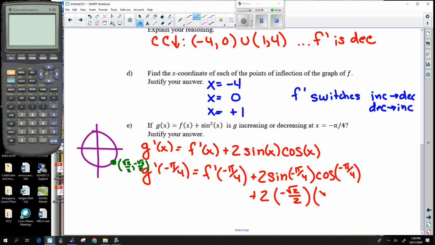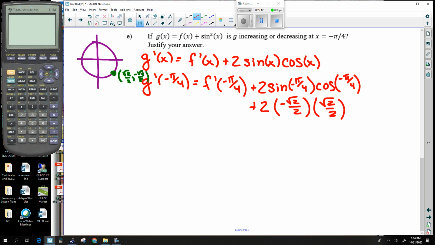The cosine is positive square root 2 over 2. And I'll come back to the f prime here in just a second. Let me finish my thought. And so this is going to be multiplied by 2. So this is going to be a minus. And this is going to be 2 over 2, I believe. So that multiplies, so that's going to be 2, and so that'll be 2 over 2. So this is going to be minus 1.